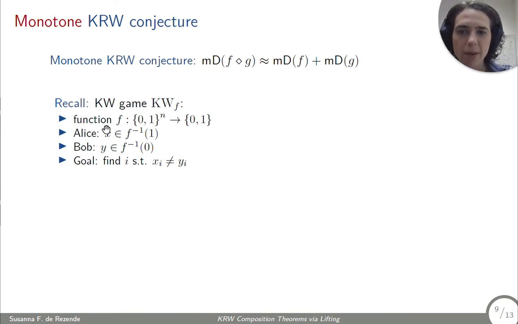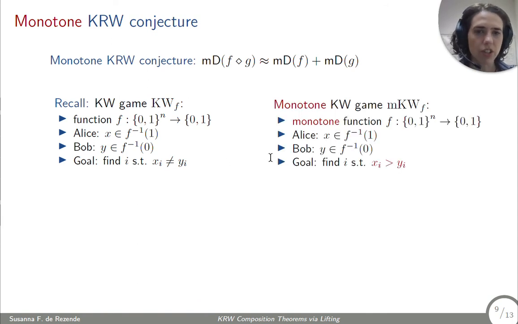So remember that in the KW game, we had some function F, Alice received an input in the preimage of 1, Bob received an input in the preimage of 0, and they had to find an index where their inputs differ. In the monotone version, the difference is that there's a monotone function f, and their goal is to find an index where Alice has a 1 and Bob has a 0.